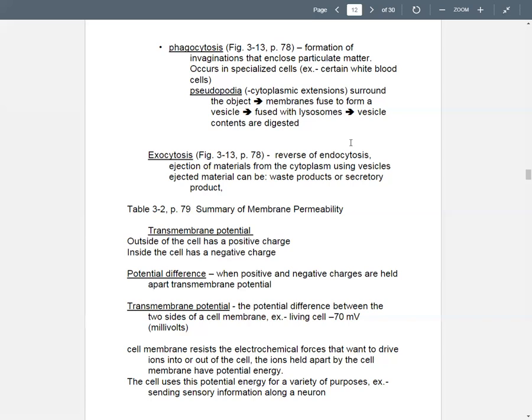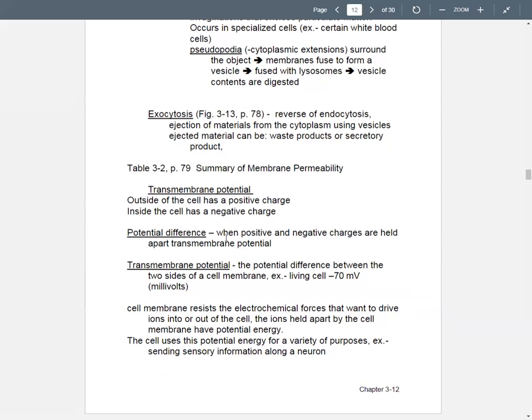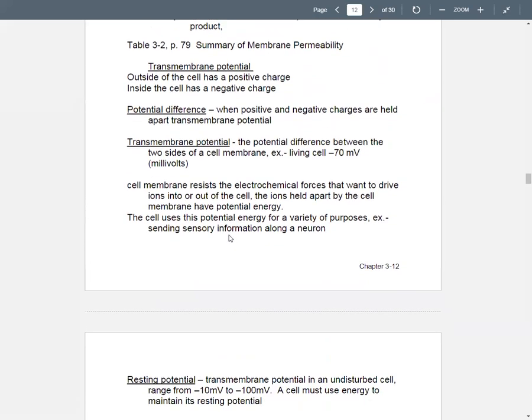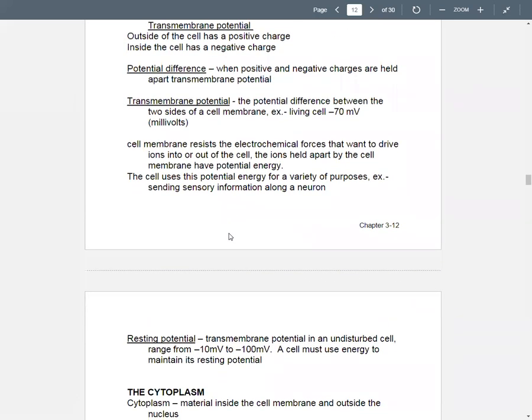Okay, let's bring it back. Exocytosis, we just talked about that, so we're good there. Here's a concept I want you to know about: transmembrane potential. Trans means across, or different sides.